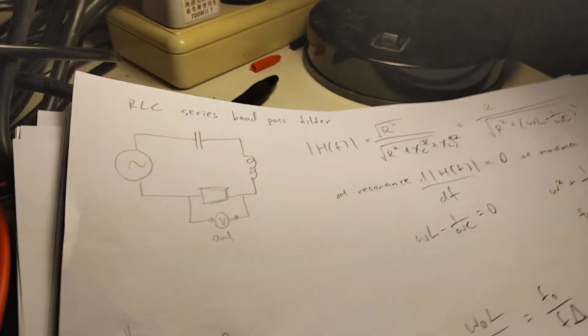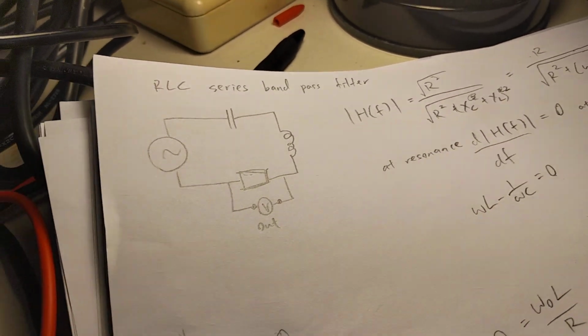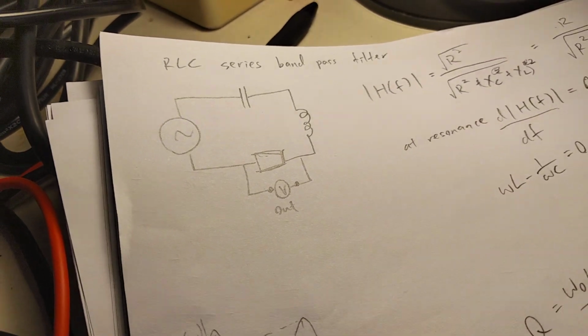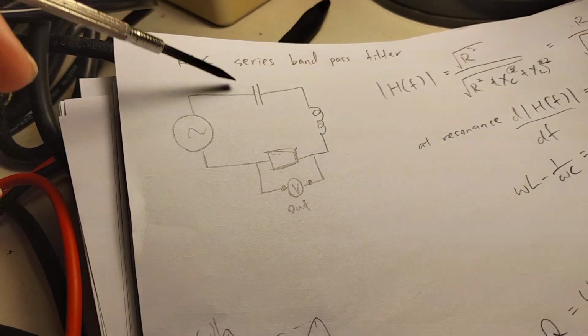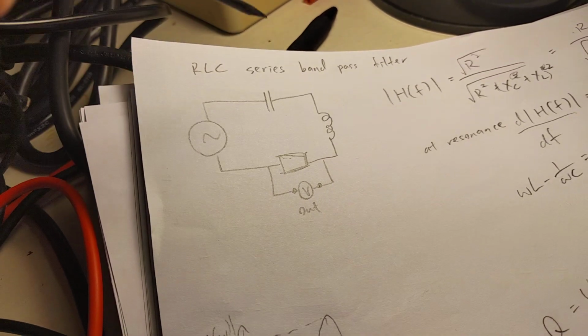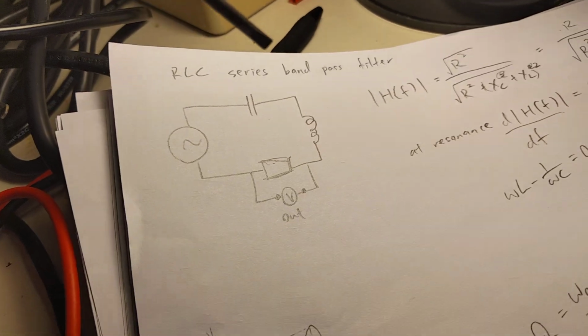What this circuit does is the capacitor will filter out the slower frequencies. It'll let really fast frequencies pass and block the slower frequencies.